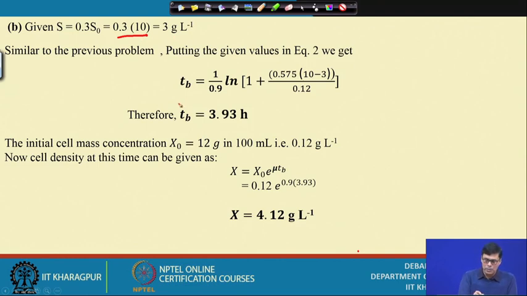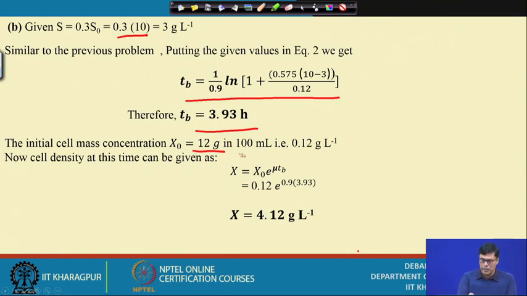Now, we have the previous equation. I can put the values of S0 and S in this equation and find out the time required to consume the 70% substrate. It is coming 3.93 hours. Now, initial cell mass, how much is there? 12 gram per 100 milliliter.